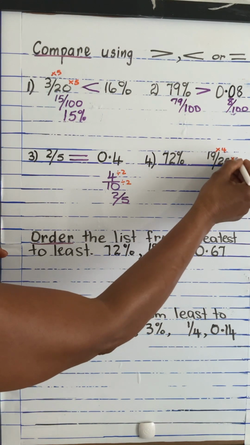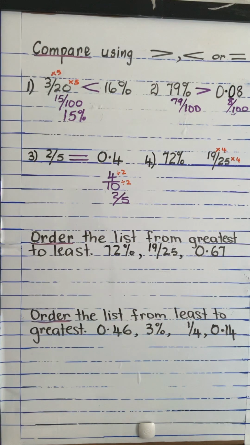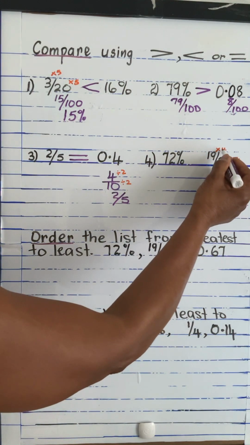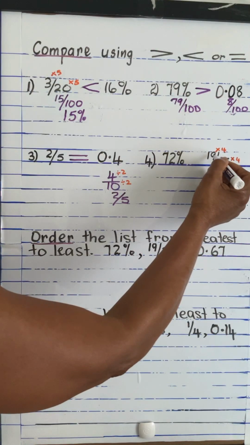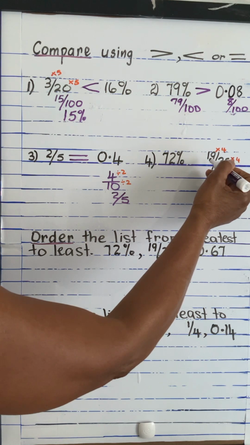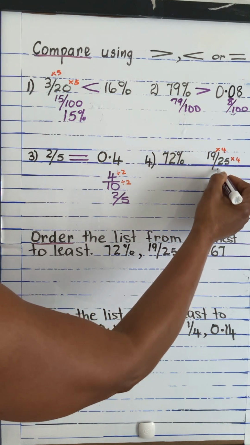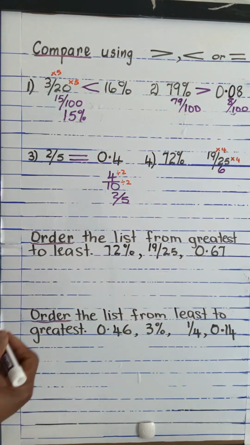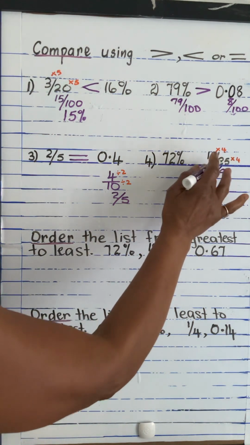So we're going to get 19 times 4: 4 nines, 36, and 4 ones, 4 and 3, 7.